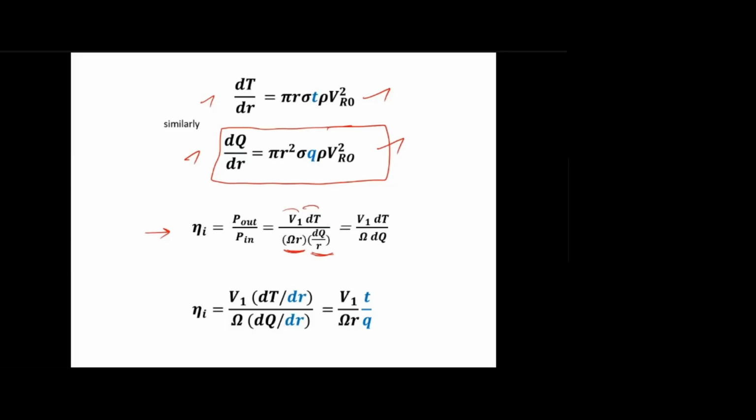This is angular velocity of the blade into the torque force. So r gets cancelled. So remaining V1 into dT by Omega into dQ. So just now we found the dT and dQ values, substitute, or we can multiply dr on both sides. So straight away we can substitute dT by dr here, dQ by dr here, cancel, we will get this term V1 T divided by Q or sigma.